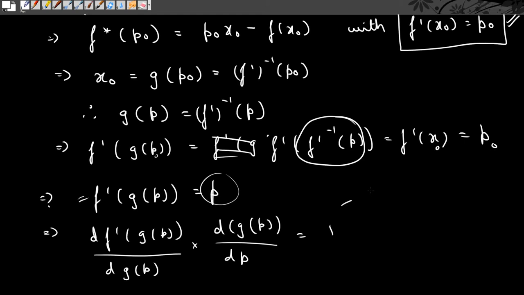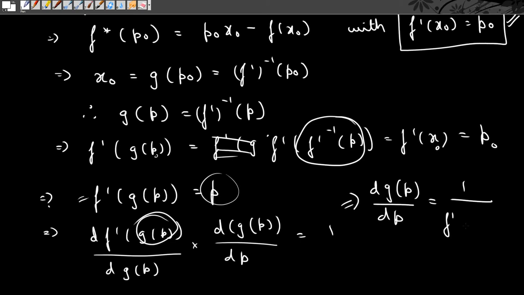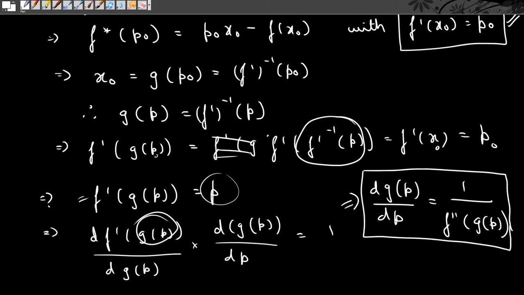So this would give dg of p by dp is equal to 1 by f double dash of g of p, where f dash is again differentiated with respect to its argument. Okay, so let us just make note of this relation.